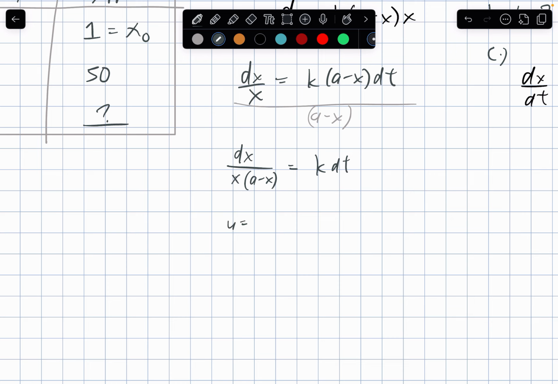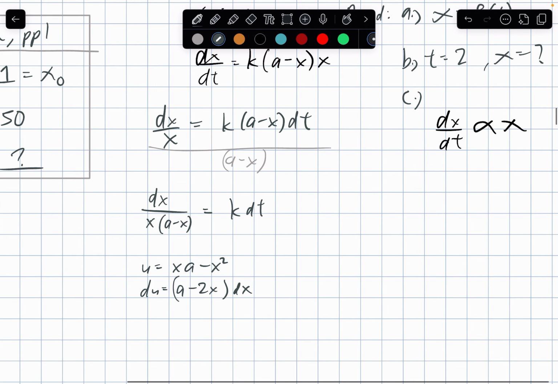So u is going to be xa minus x squared. du is equal to, so this cannot be ln x, a minus 2x dx.